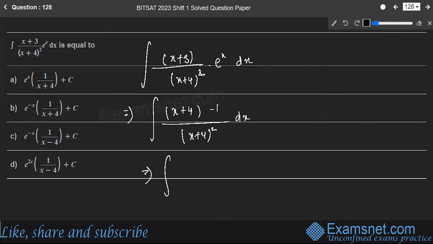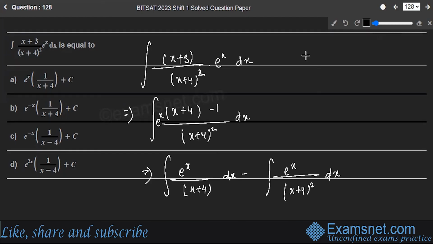So this will give me e^x upon x+4 dx minus e^x upon (x+4)^2 dx.